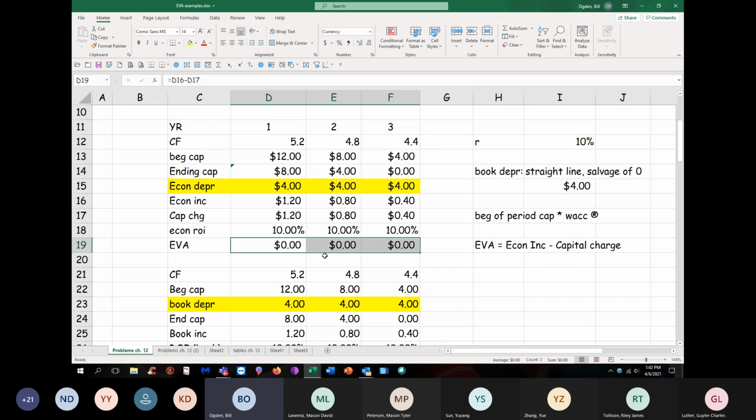So a zero EVA is equivalent to a zero economic profit. But what we'll find is you have the company that has cash flows and profits into the future, and therefore their EVAs or their economic profits will be positive for the upcoming years. At least in examples that we'll be working, they will do that.